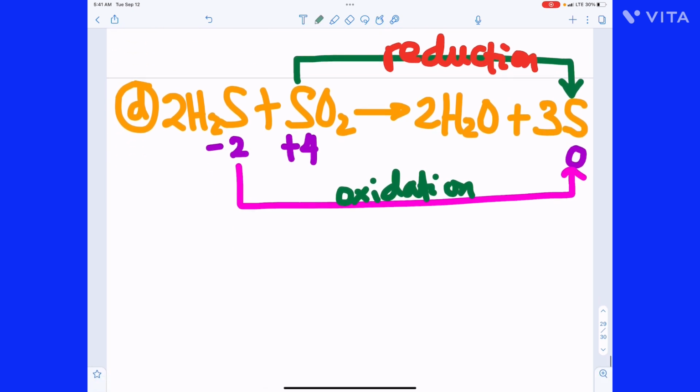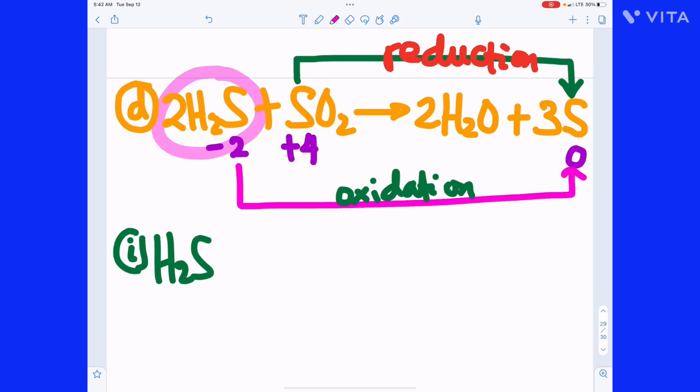Let's now go ahead and figure out our answer. The question says, what substance is oxidized? Here, the charge of sulfur changed from -2 to 0. That's where oxidation takes place. But the substance oxidized is going to be hydrogen sulfide.